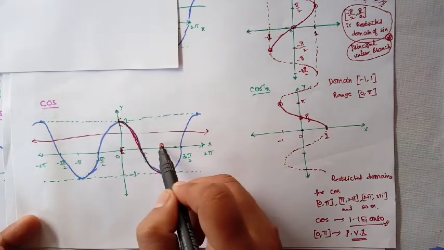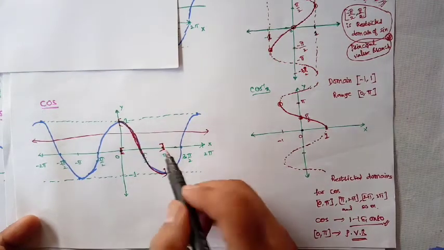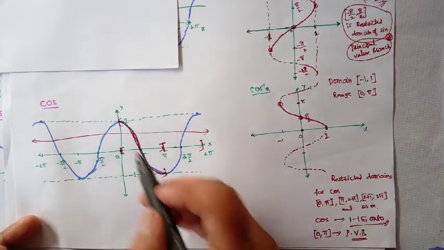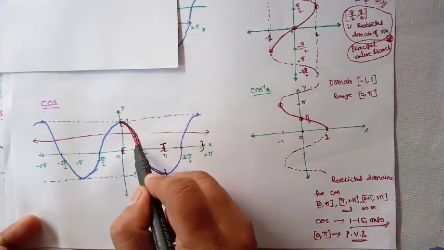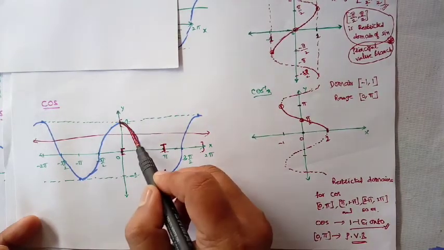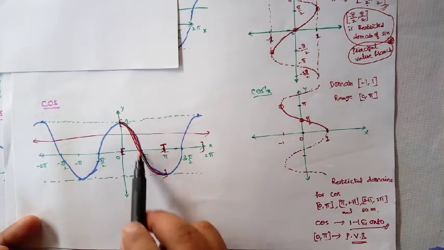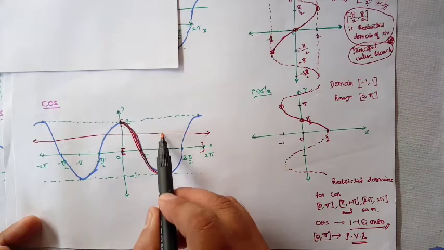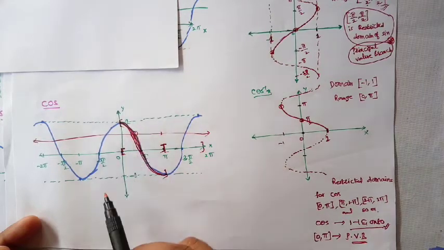So this is the restricted domain, 0 to pi, pi to 2 pi, 2 pi to 3 pi, and so on. In this case, this will be the range of the graph, from here to here. Then drawing a line at pi, it is intersecting in only one place.